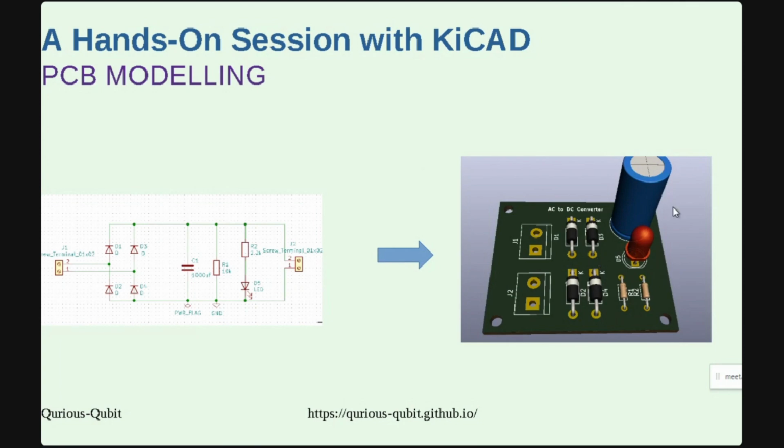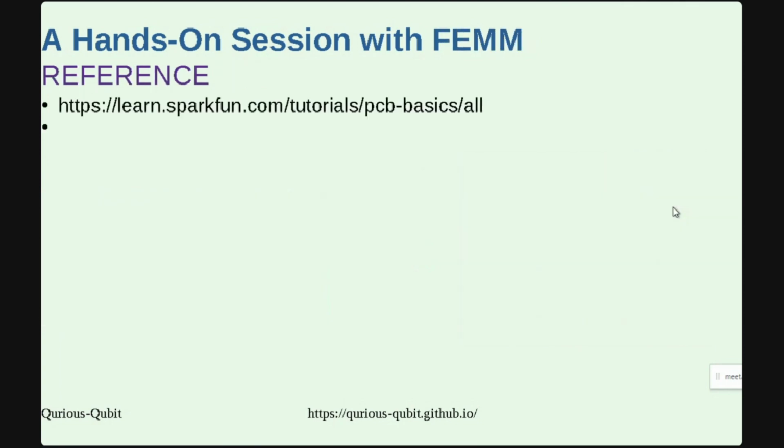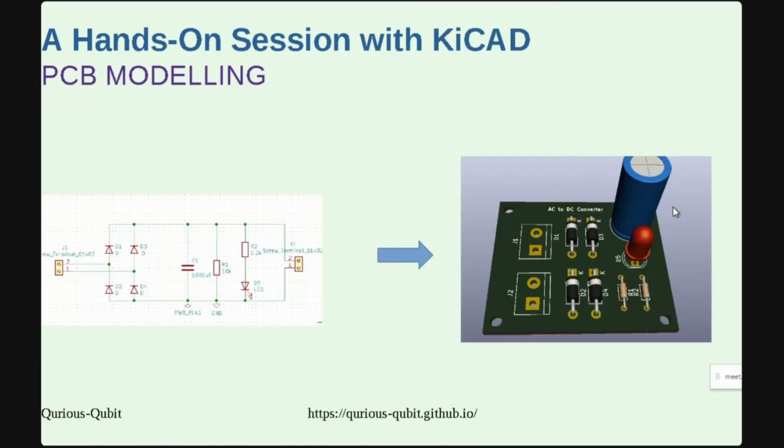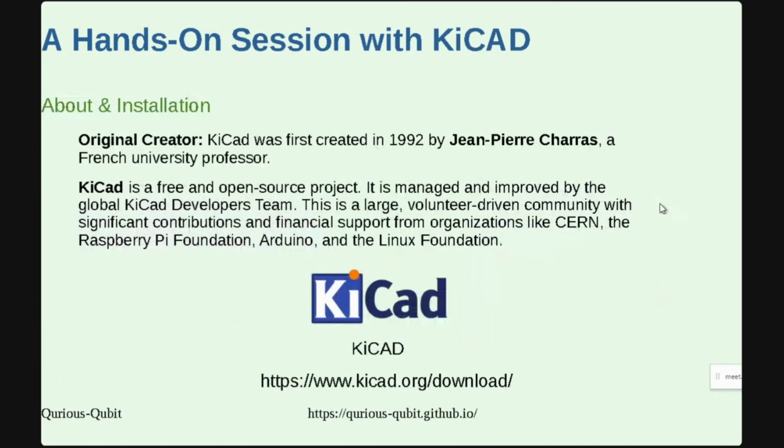And this is the design we'll be ending up with. So we did a few references, and since KiCad is open source software, everyone can easily install it on their PC. So you can go through this link to download it.